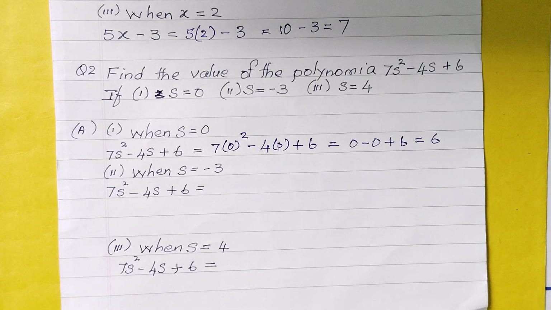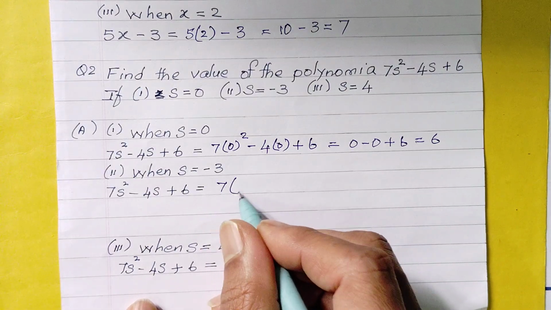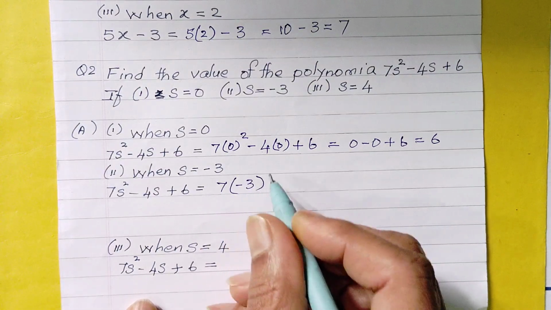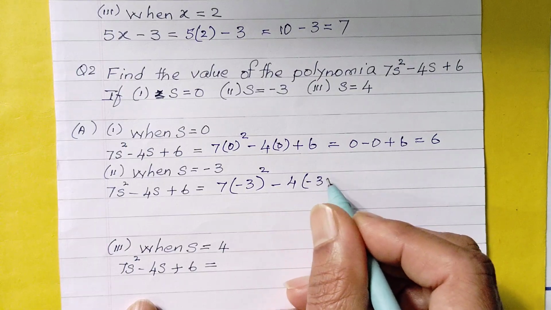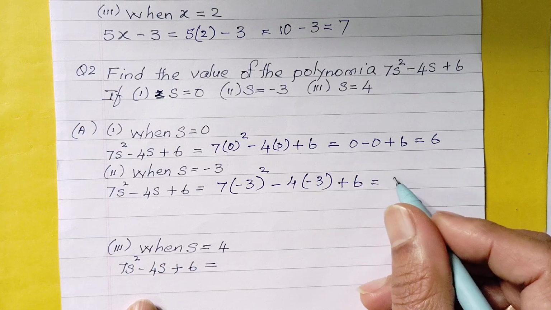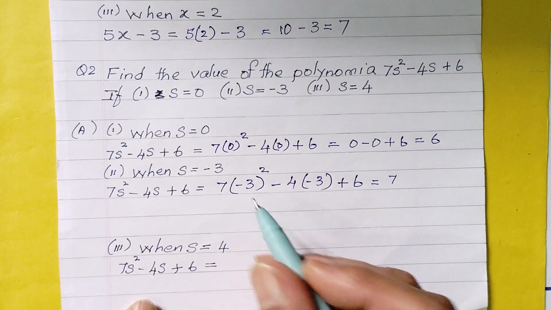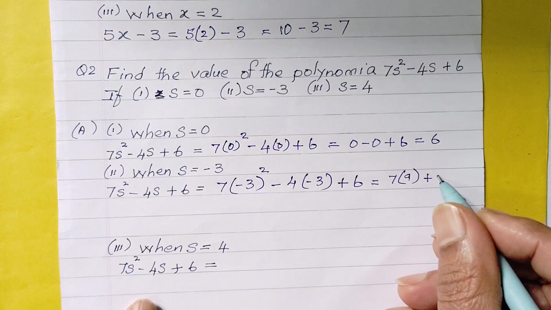When s is equal to minus 3, so 7 into minus 3 square minus 4 into minus 3 plus 6. So it will become 7 into 3 3s are 9, 7 into 9, plus 4 3s are 12.